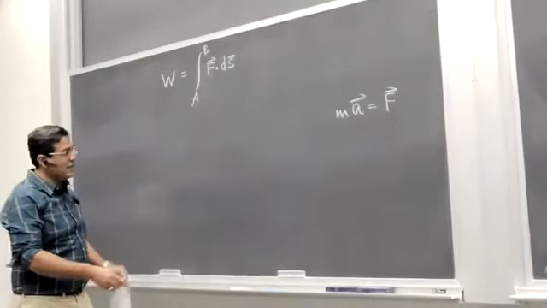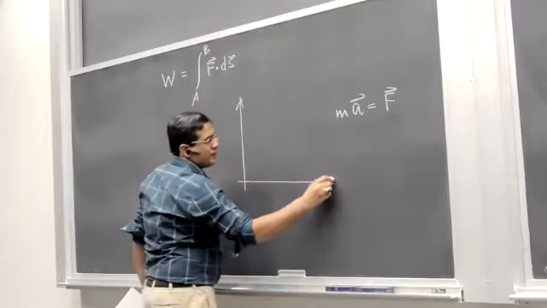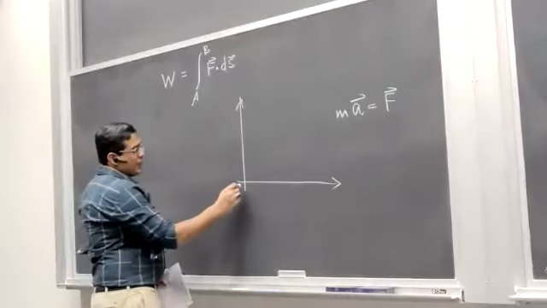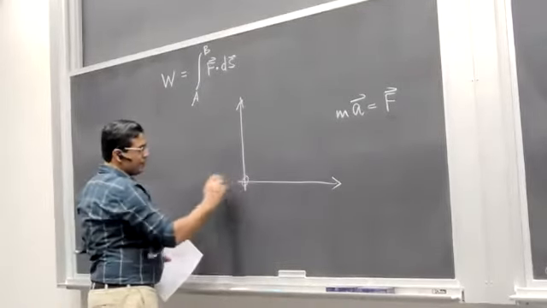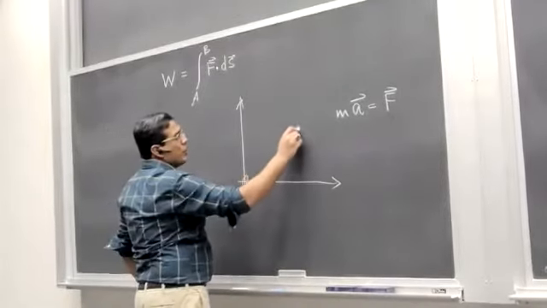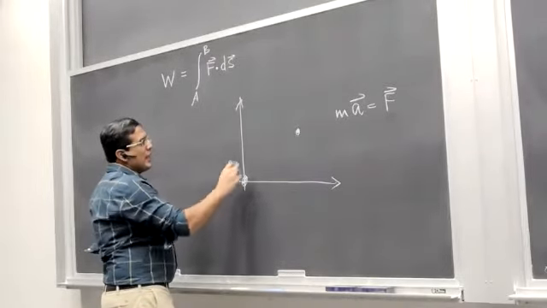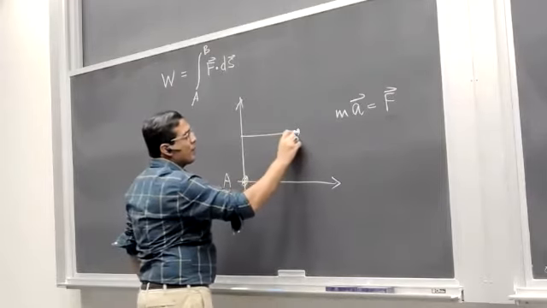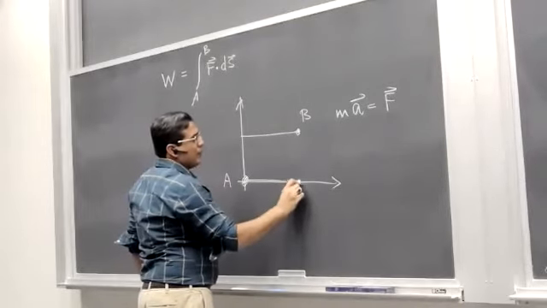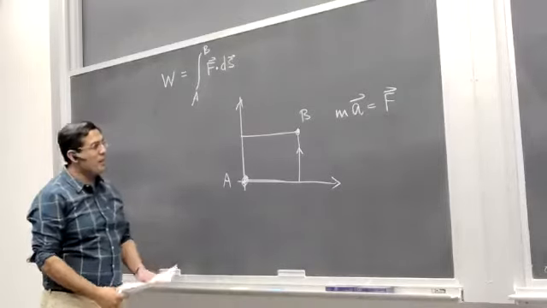So what it means is, let's say you have an object here at the origin, at point A, and you want this object to move to point B. There are two paths that we can consider, but in fact, how many paths are possible?